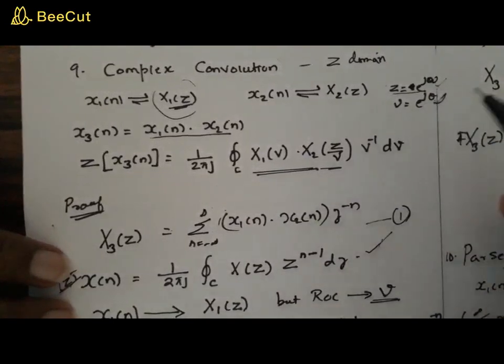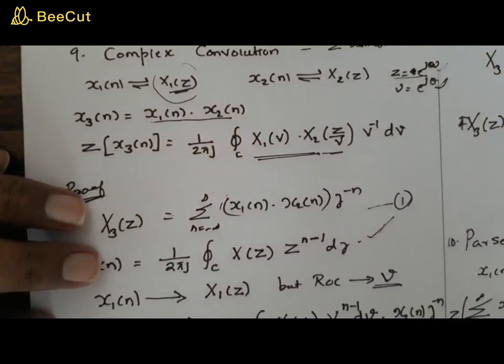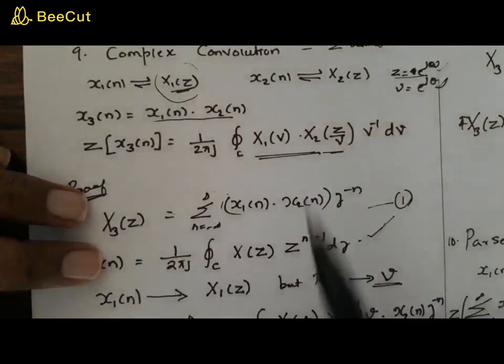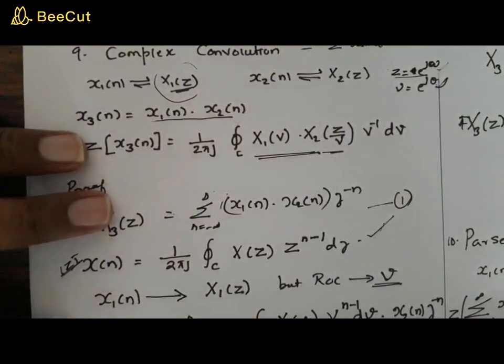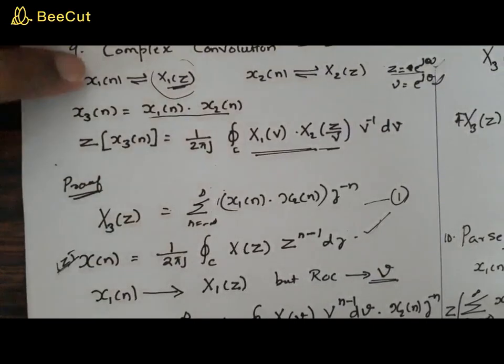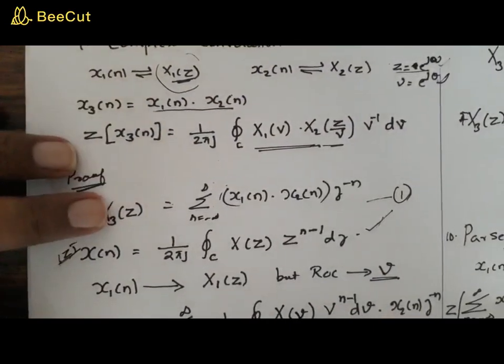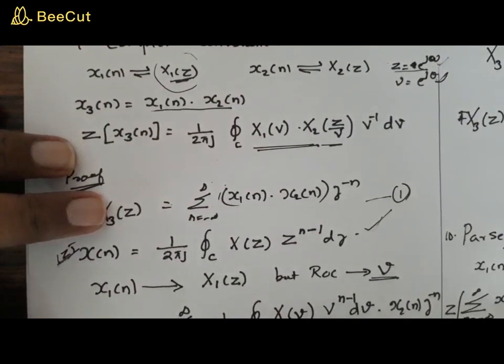If that is the case, you can replace this x1 of z by x1 of v, that's your Z transform of x1 of n. Now if x1 of z is known, you can straight away perform this integration, x1 of v into, instead of z, v raised to n minus 1 dv.